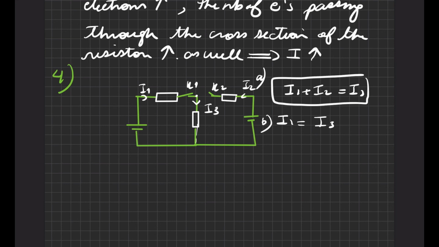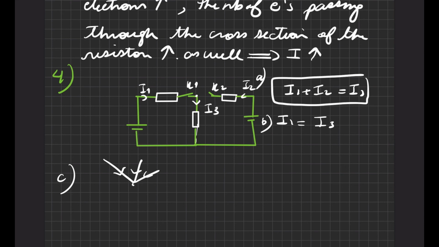This is part B. Now part C, can you deduce that the uniqueness law is a particular case of the junction rule? So the uniqueness law is actually a particular case of the junction rule in case there is no other current passing. Let me draw a junction here.